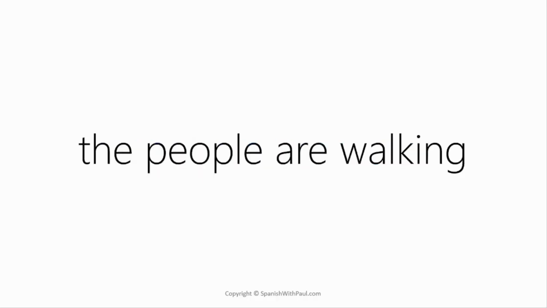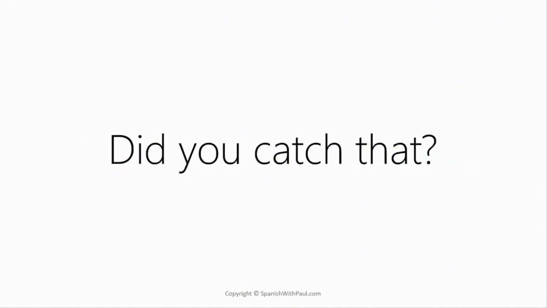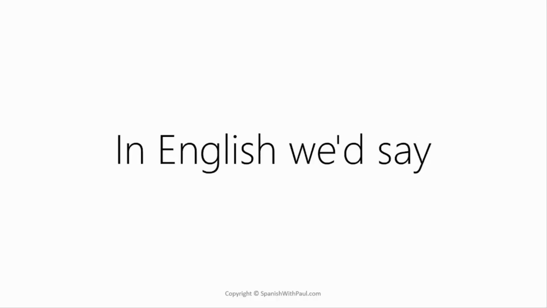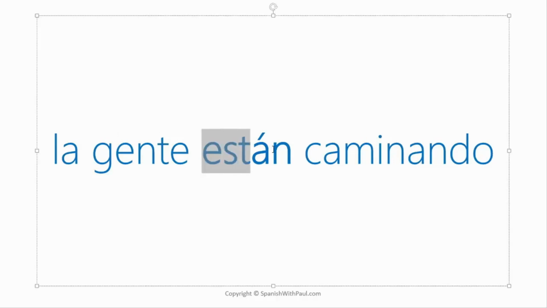If we wanted to say the people are walking, it would be la gente está caminando. Hopefully you caught that, because in English we'd say la gente están caminando, meaning the people, they are walking. The people are walking, the people, they are walking. And están in Spanish is they are.